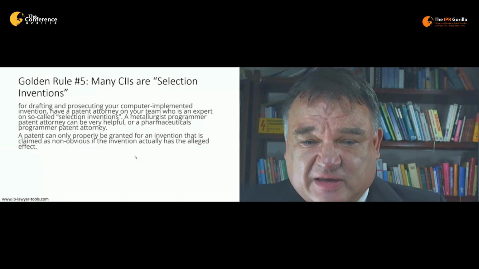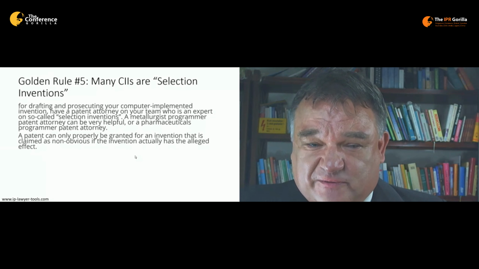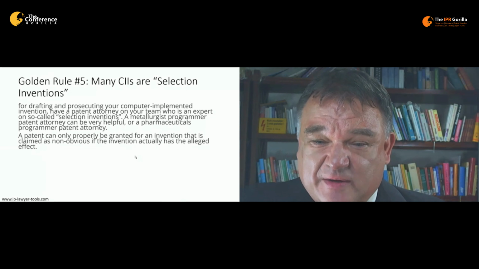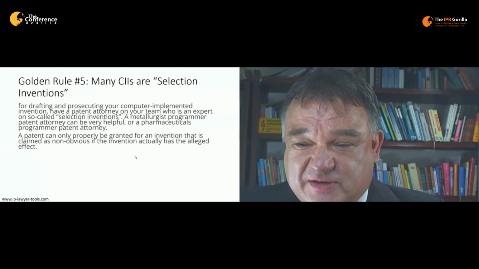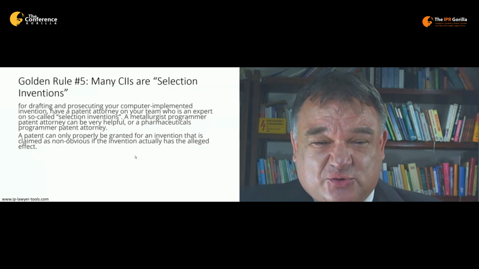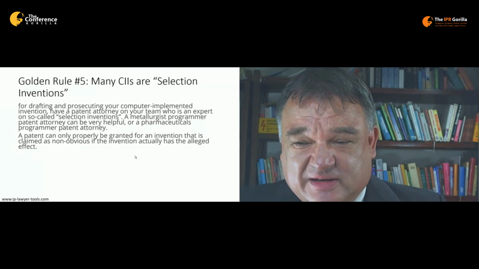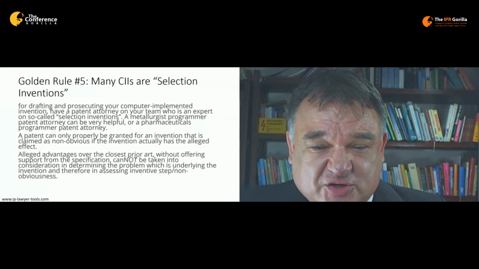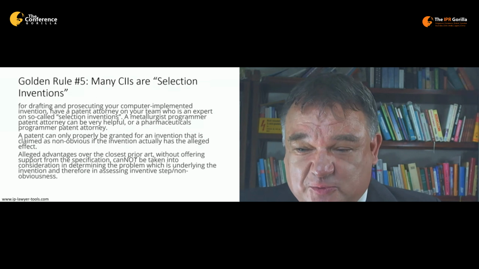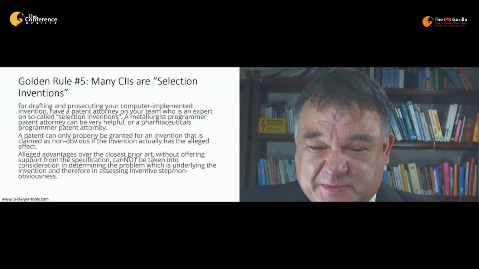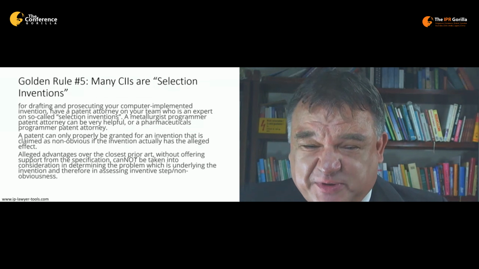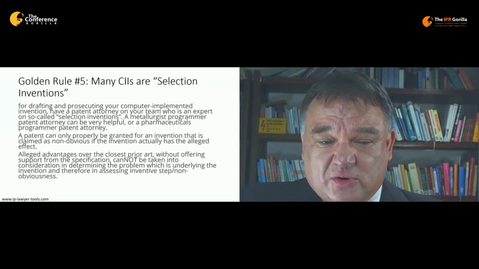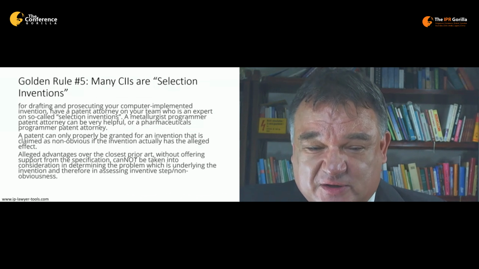A patent can only properly be granted for an invention that is claimed as non-obvious if the invention actually has the alleged effect. And that means you should describe that alleged effect in the patent application itself. Alleged advantages over the closest prior art without support from the specification cannot be taken into consideration when you want to argue for inventive step.